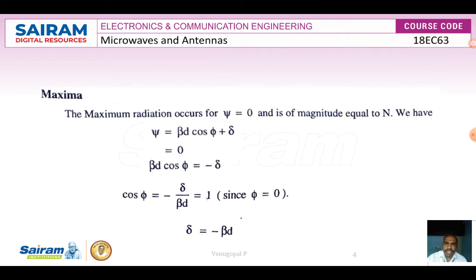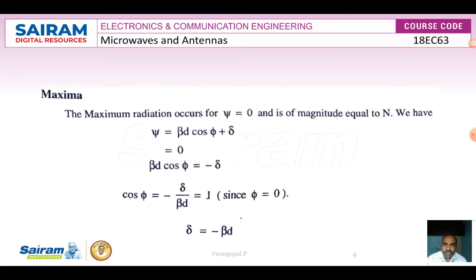So next, how to find the maximum? Maximum radiation occurs for xi equal to 0. As you know, xi is equal to beta d cos phi plus delta, where delta is the phase angle. Then xi equal to 0 means beta d cos phi plus delta is equal to 0, which implies beta d cos phi is equal to minus delta, and cos phi is equal to minus delta by beta d.